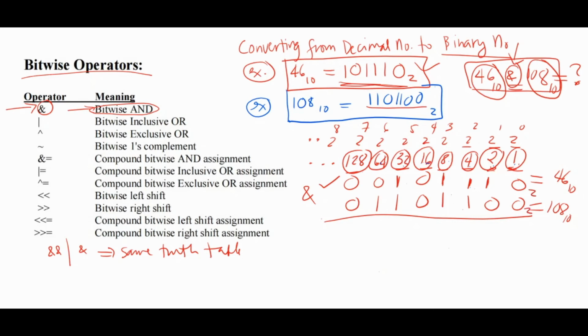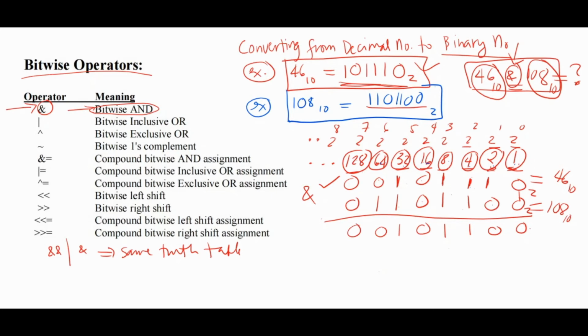Performing now the bitwise AND bit by bit from the rightmost going to the left, it would be what? 0 and 0 is 0. 1 and 0 is 0. 1 and 1 is 1. 1 and 1 is 1. 0 and 0 is 0. 1 and 1 is 1. 0 and 1 is 0. 0 and 0 is 0.